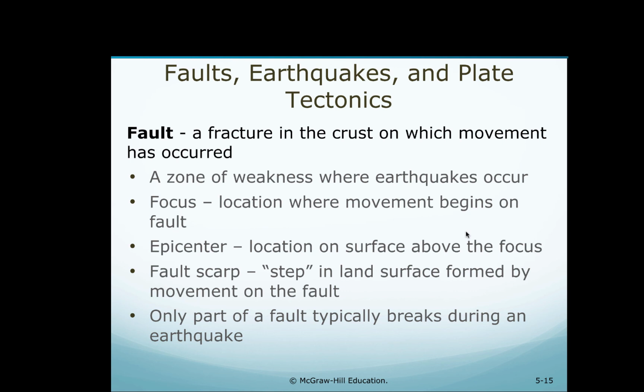The epicenter is the location on the surface above the focus. It could be up to 800 meters apart, the epicenter and the focus. A fault scarp is a step in the land surface formed by the movement on a fault. Only part of a fault typically breaks during an earthquake.